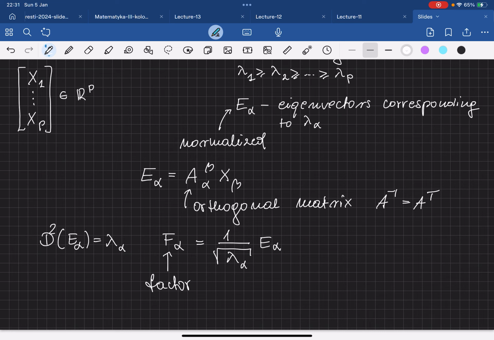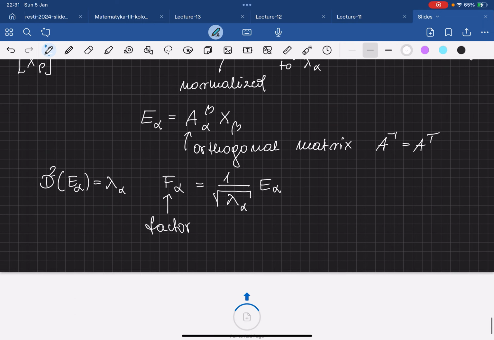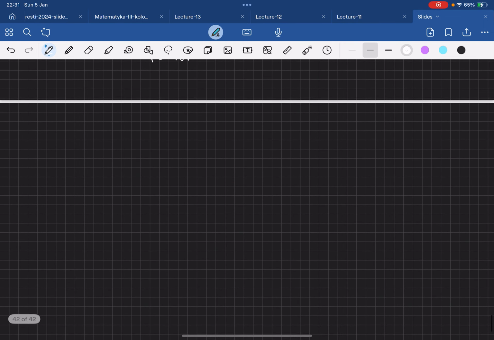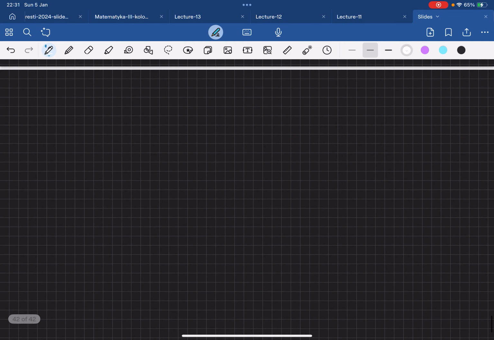Okay, so let us now determine loadings of our factors. Loadings are correlations or covariances between initial variables and our factors.